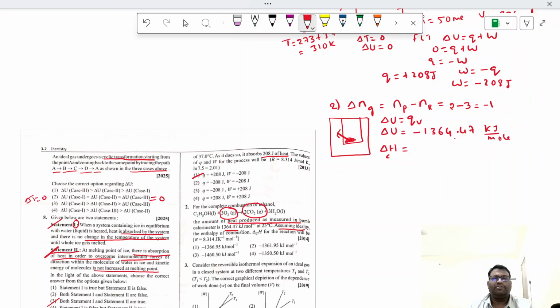Delta H is equal to delta U plus delta Ng RT. So delta H is equal to minus 1364.47 plus delta N, which is -1, into R. The R value is given here as 8.314.